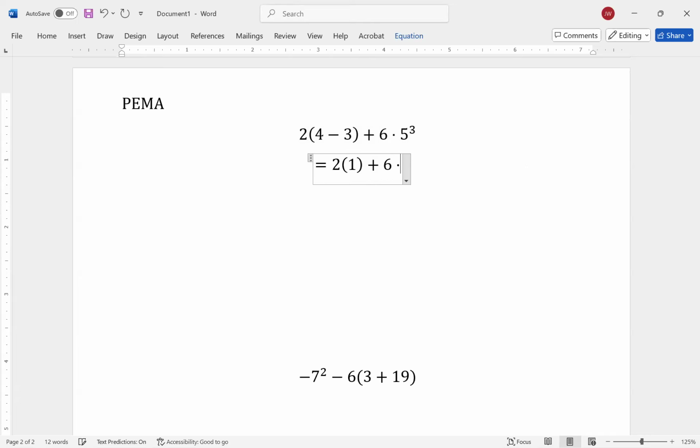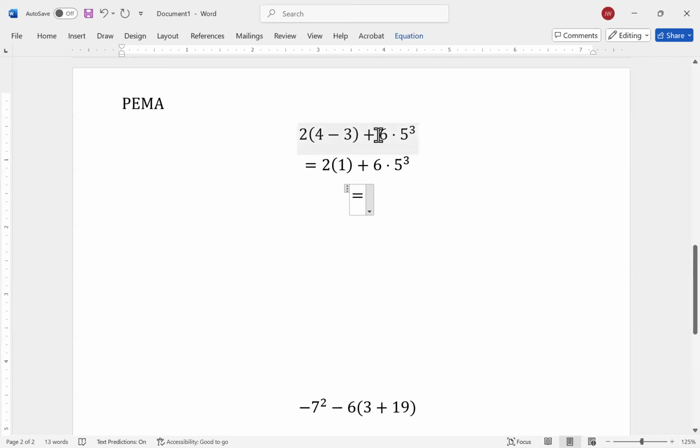And then after that I'd apply exponents. By the way, this was the original expression that we saw at the very beginning of this section. So I'd apply exponents. And 5 to the third is 125. So this is 2 times 1 plus 6 times 125.